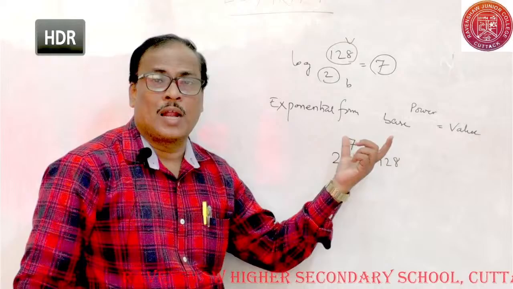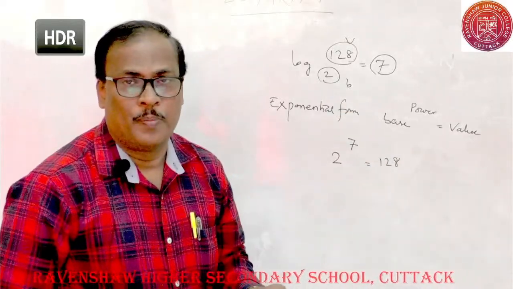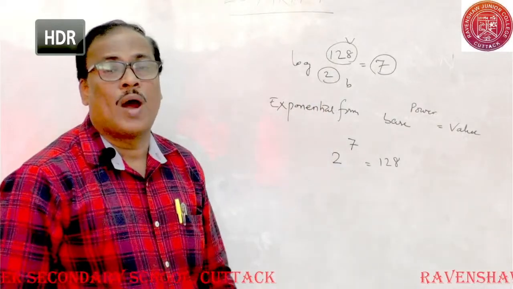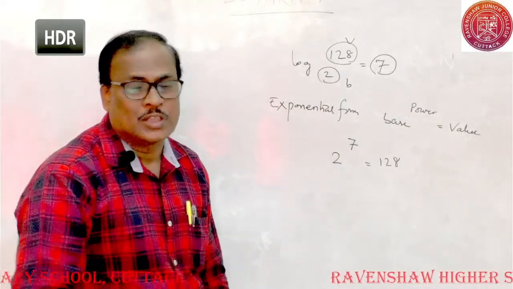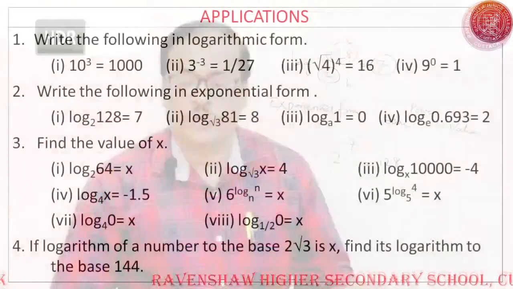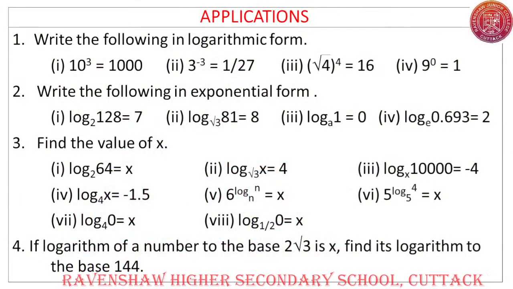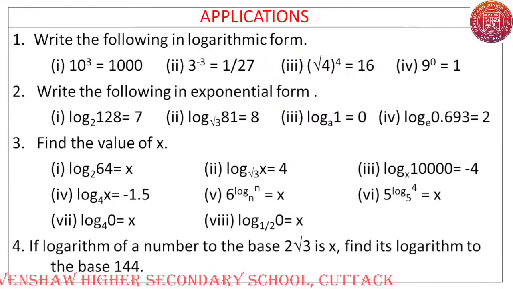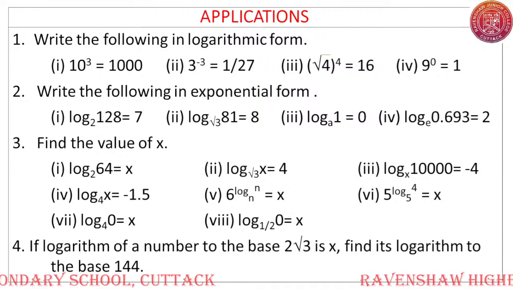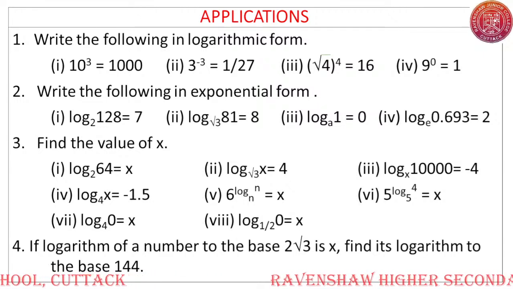This is the format: in exponential form, 2 to the power 7 is equal to 128. Look at the problem: log 81 to the base root 3 is equal to 8. In exponential form, root 3 to the power 8 is equal to 81.